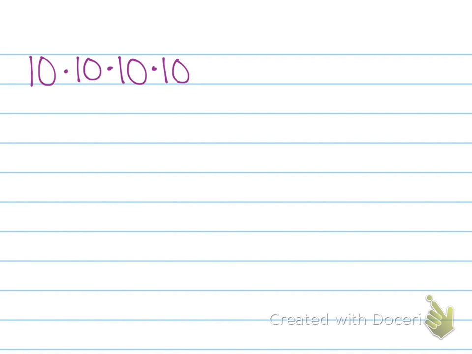What could the first digit be? 6. So there's 10 possibilities of what that first digit could be. So that's why it's 10. And since the number can be repeated, there's also 10 possibilities for the second, the third, and the fourth. And when I multiply them, I see that I have 10,000 possible combinations.